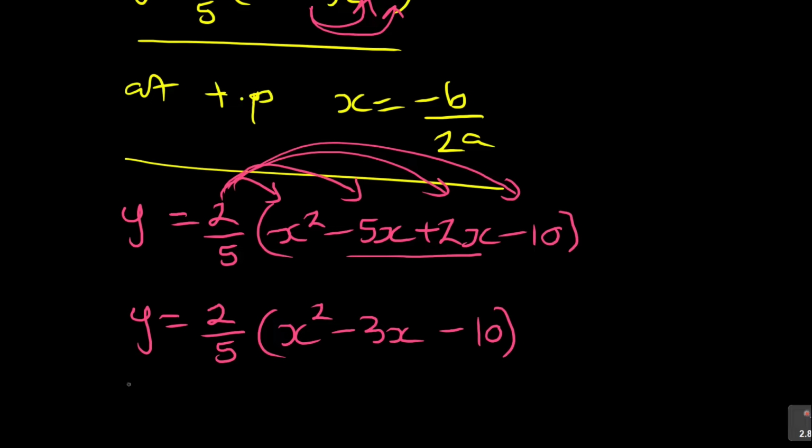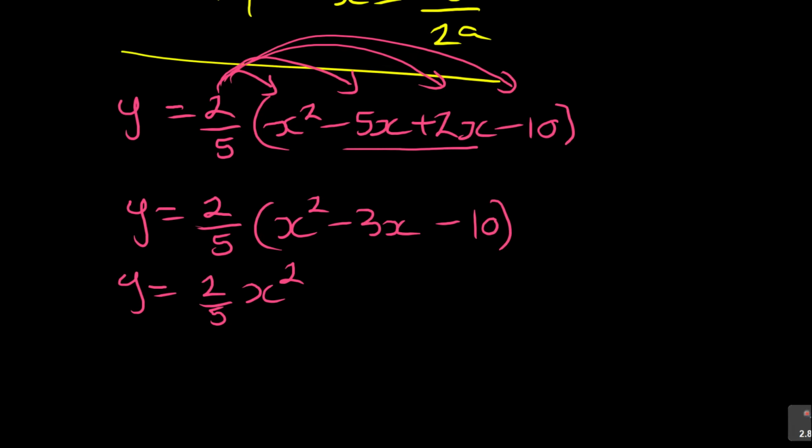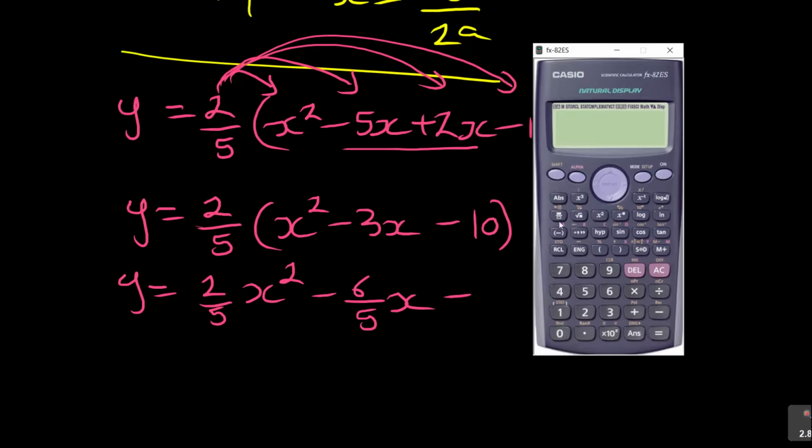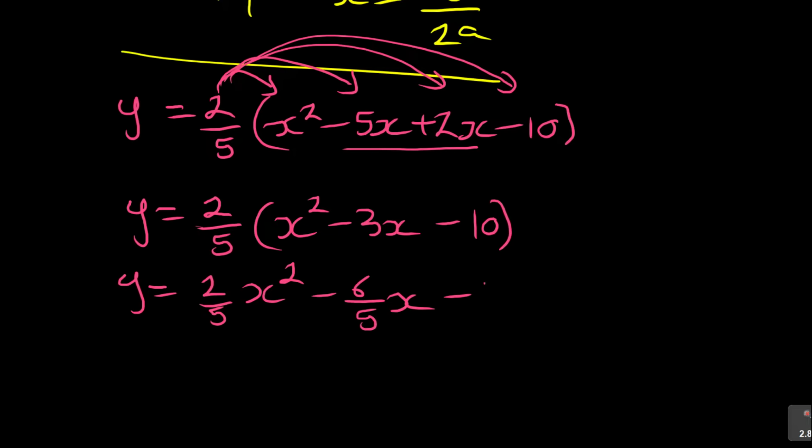And then you do that expansion, which is 2 over 5 x squared, minus 3 times 2, it's 6 over 5 x, minus 2 over 5 times negative 10, which gives me negative 4. Alright, so we have got this.